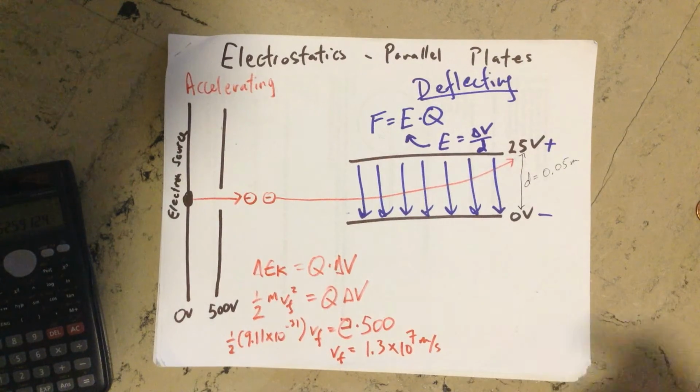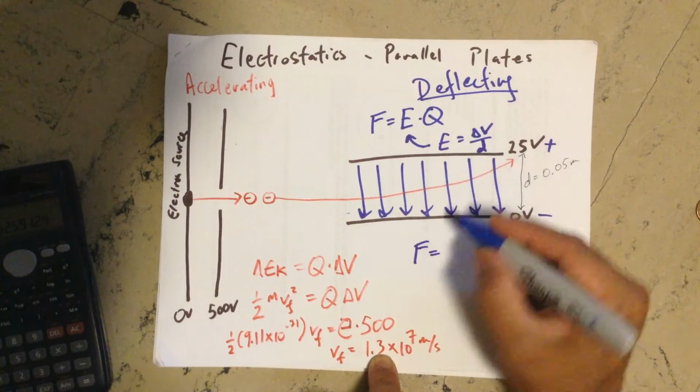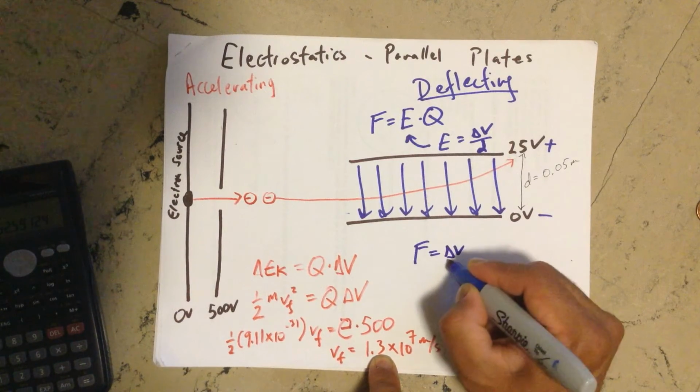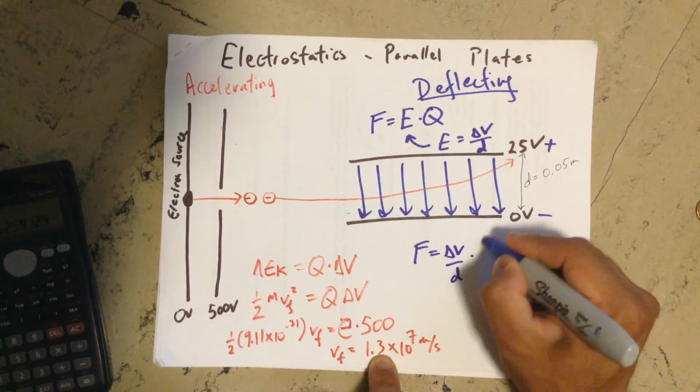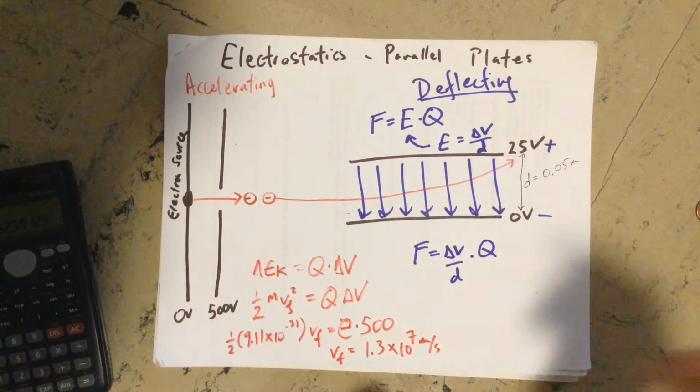So first step then is that force is equal to field, which is delta V over D, times the charge that's traveling through.